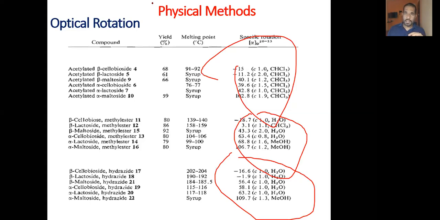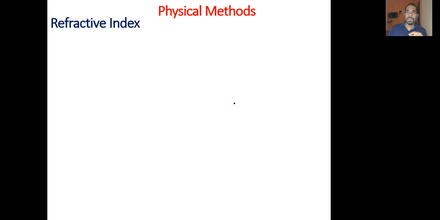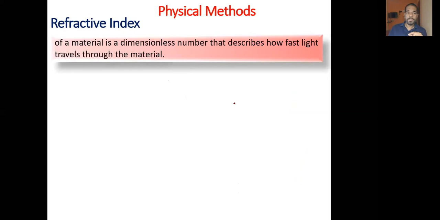These rotations give the angle: minus 15 means levorotatory, and positive means dextrorotatory, right rotation. So plus or minus. Then the next method is the refractive index method.